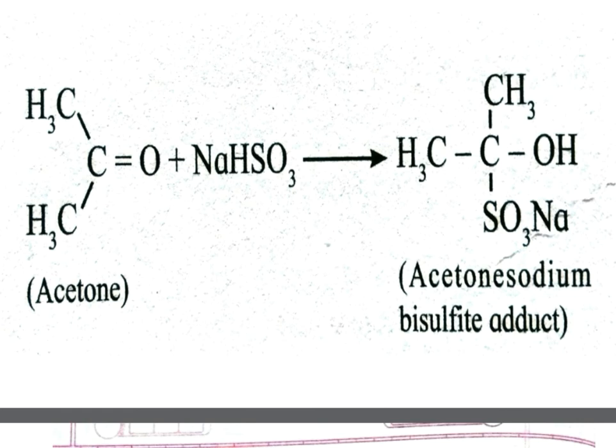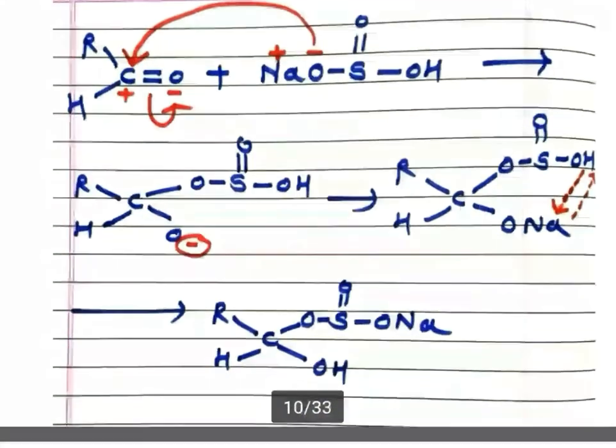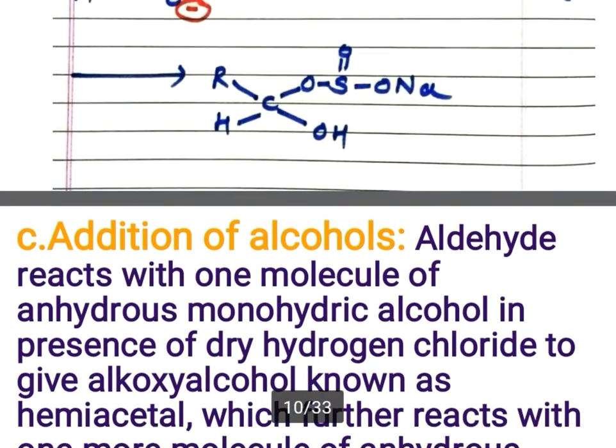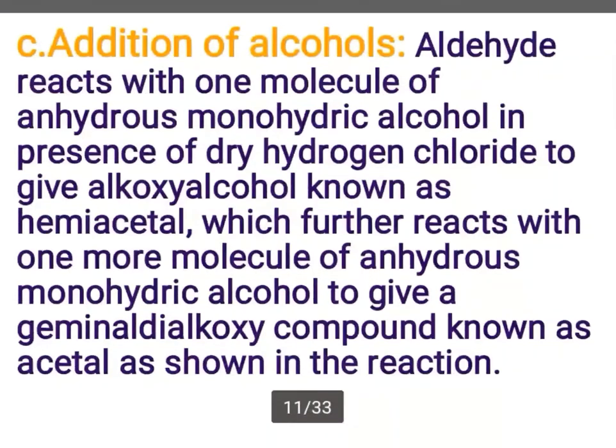Carbon is the positively charged center and oxygen is the negatively charged center. Then you join positive to negative. I already explained this mechanism here by using arrows and detailed writing.